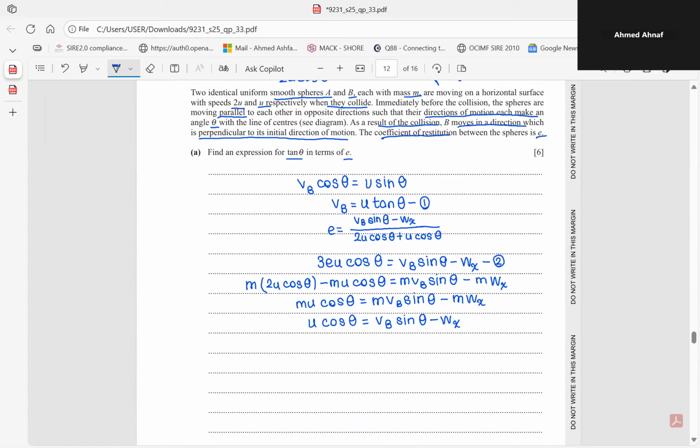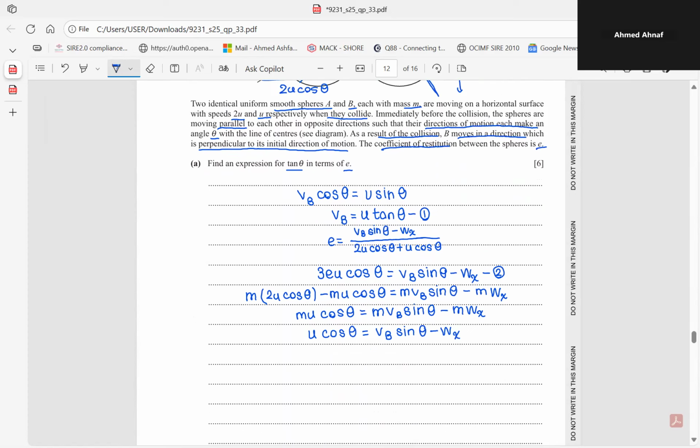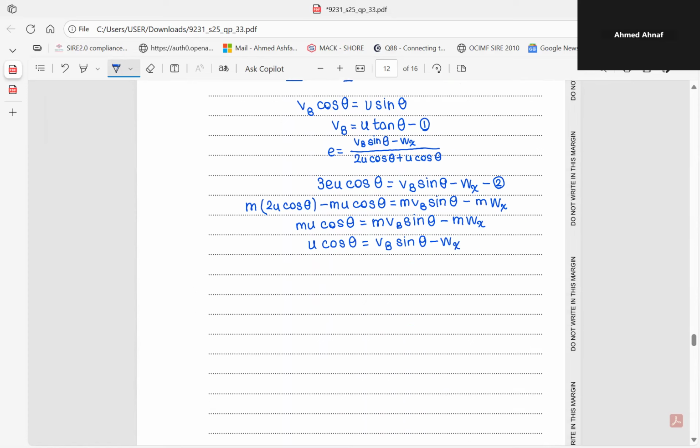All right, that is interesting. So this is equation 3. Let's take a look at equations 2 and 3.